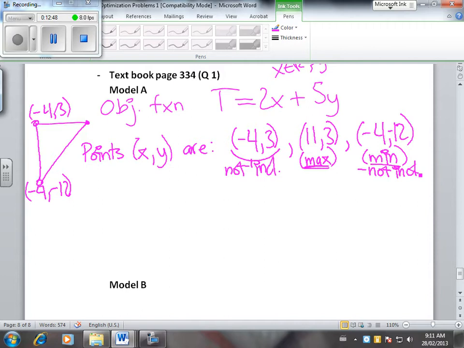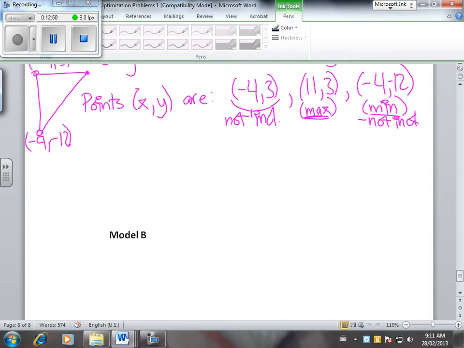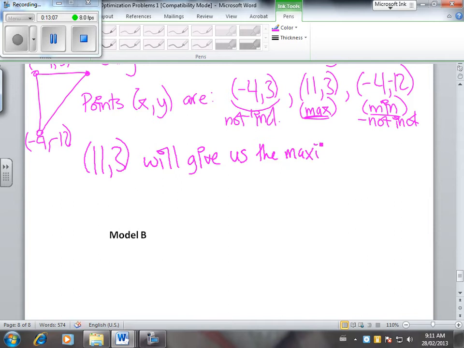Okay, so for 11, 3, we say that's our maximum, and it's a solid dot. So we can just say right away that 11, 3 will give us the maximum solution. And the constraints are listed there, so you can always test it to verify.